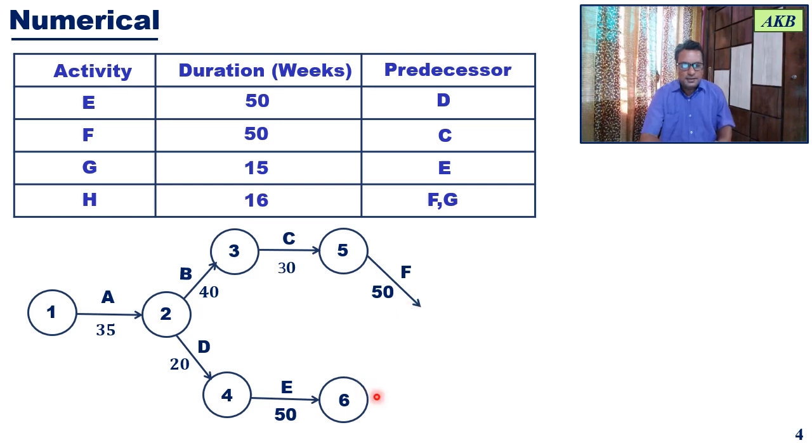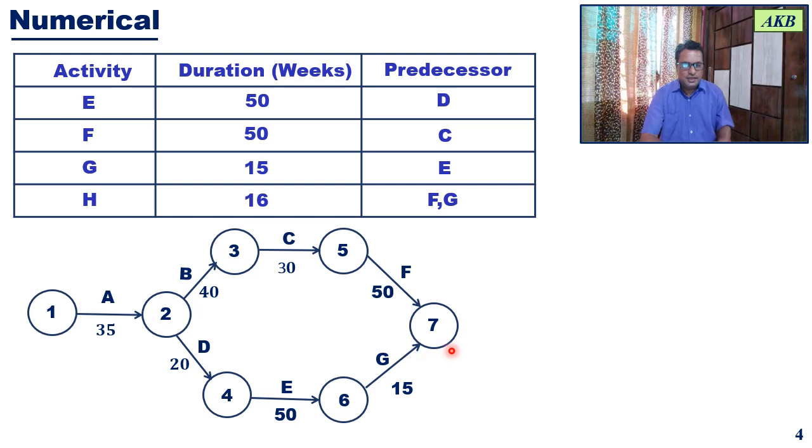Then, since F and G have to be completed so that you can start activity H, it is necessary that activities F and G get completed at a single event, and that event in this case is event 7. So when you are at event 7, both F and G are completed, and when F and G are completed, you can start the last activity in the list, that is activity H.